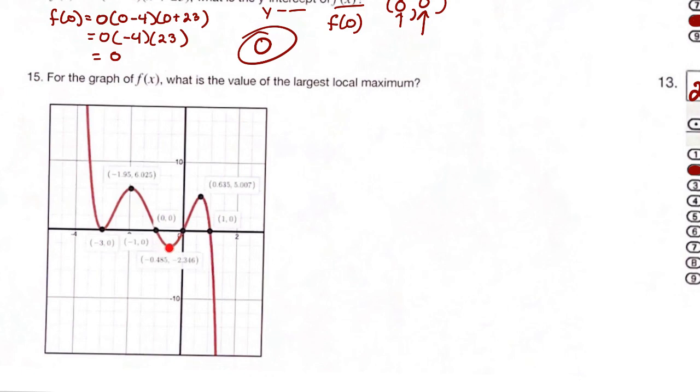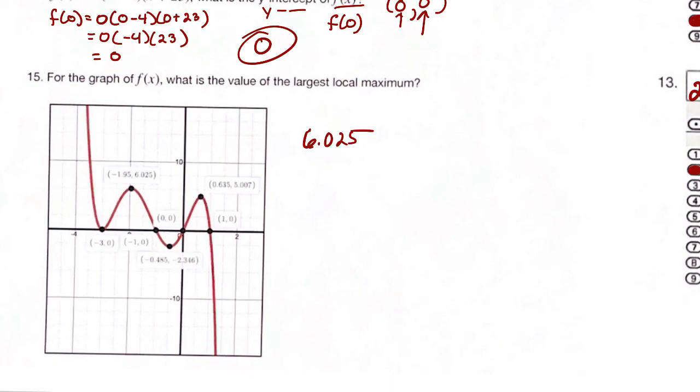And then here's what we call a local minimum, because in this region, this is the lowest point. And then in this region, there's a highest point. So this is a maximum or a local maximum, and so is this. What's the value of the largest one? Well, the value is the y, and so the highest value here is 6.02. This is only up to 5. So the highest one is 6.025.